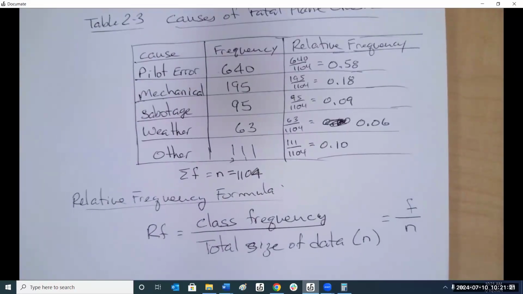Not too impressive, is it? Decimals aren't really that friendly to us. So what can we do with decimals to make them represent more? Turn them into percent. Exactly. How do we turn these into percent?